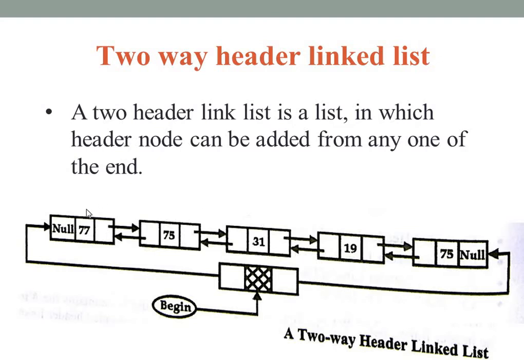So it is a combination of different nodes having three fields. You can add the header node either from the last or from the beginning. So this is the two-way header linked list.